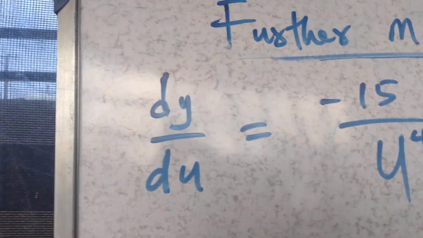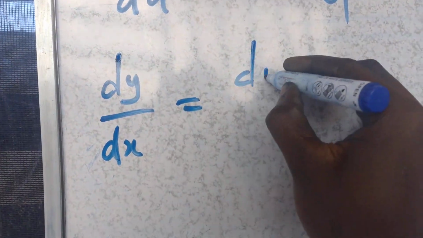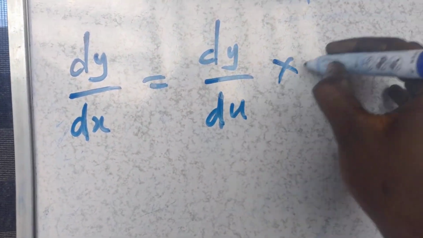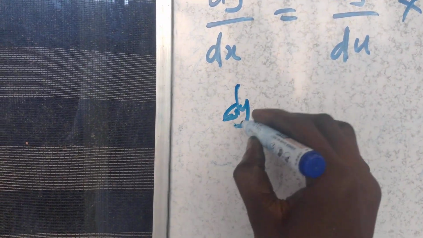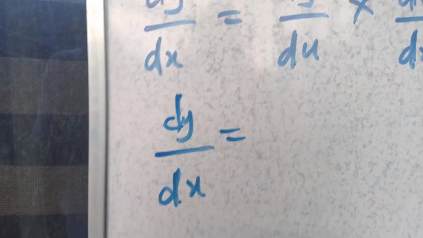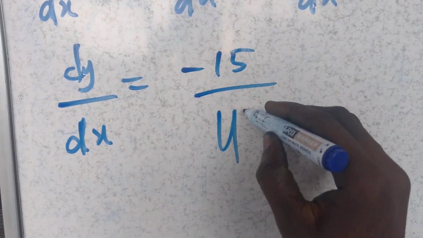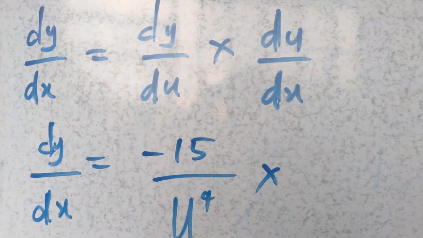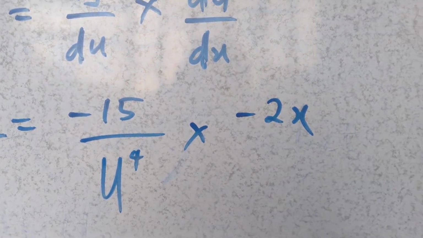That's dy/du. Using the chain rule, dy/dx is equal to dy/du times du/dx. So dy/dx is minus 15 over u raised to power 4 times du/dx. du/dx is minus 2x.